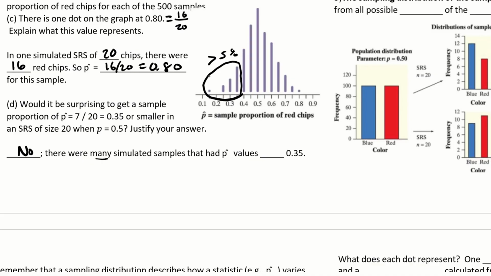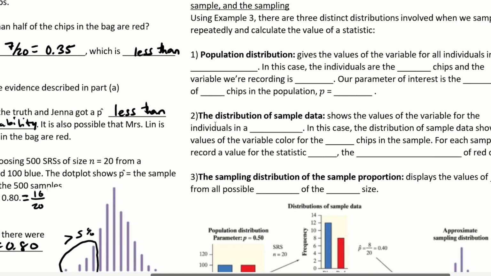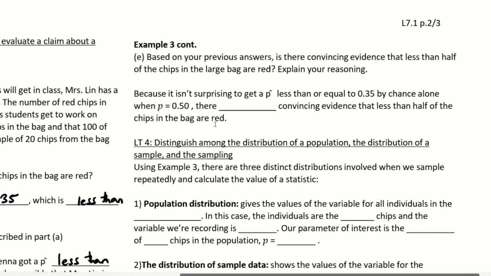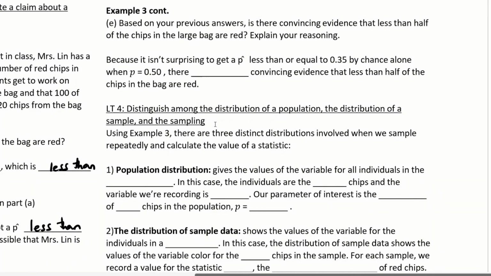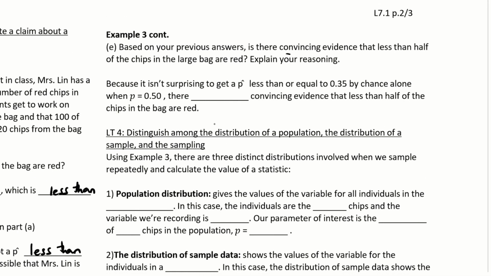Okay, so the last part of the question, based on the previous answers: is there convincing evidence that less than half of the chips in the bag are red? Remember, convincing evidence means that the probability has to be less than 5%, which is 0.05.